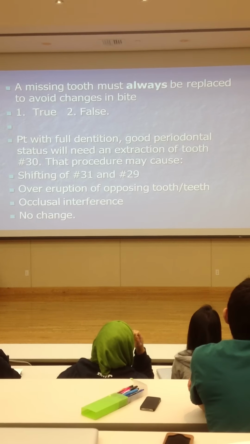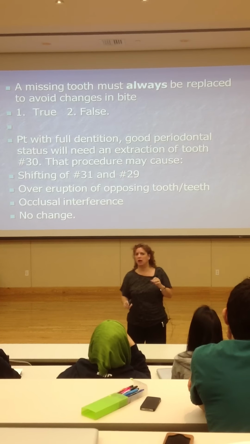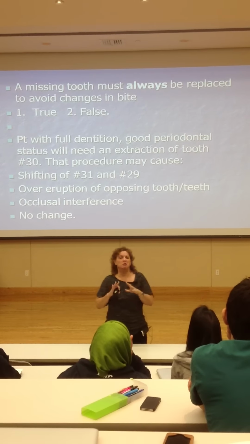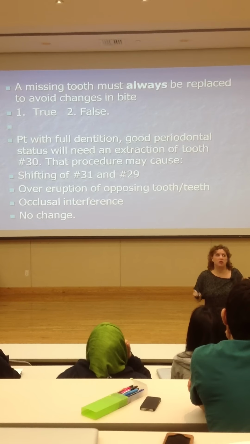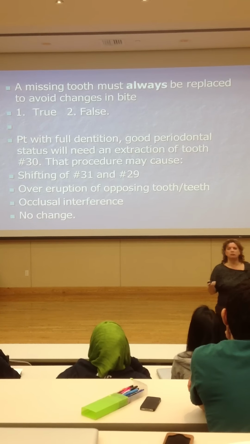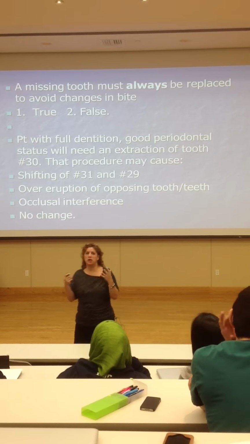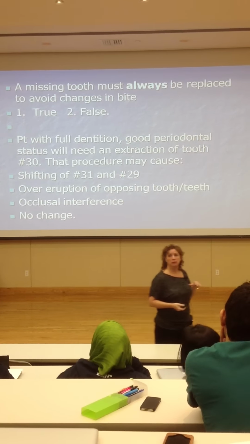We have to. Why? There's going to be a bite collapse and teeth will move around. Okay, when did you have that tooth extracted? The guy is 76. When I was 16. All the teeth are in perfect shape, sitting there, but we have to put an implant there because his bite might collapse. Okay. So do we always have to restore a missing tooth? No.